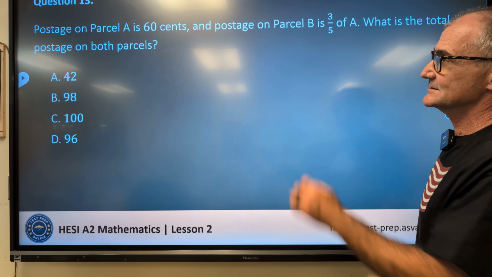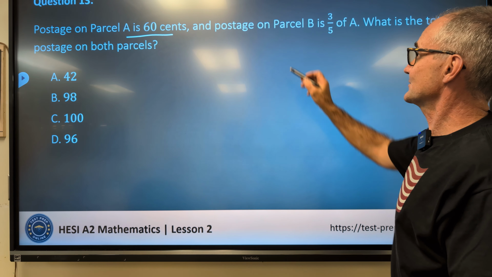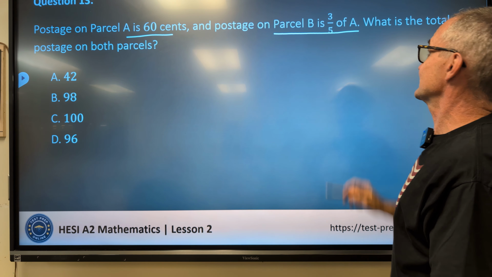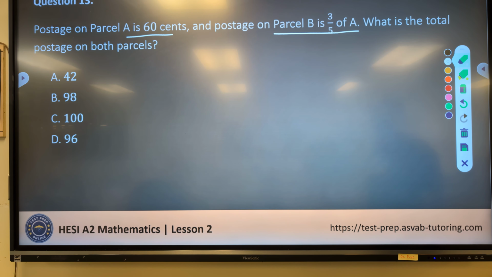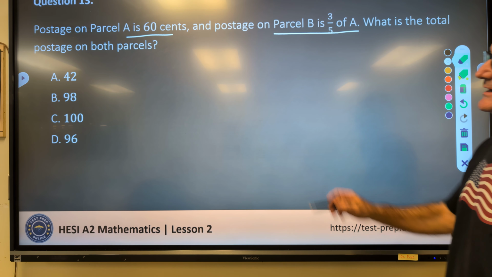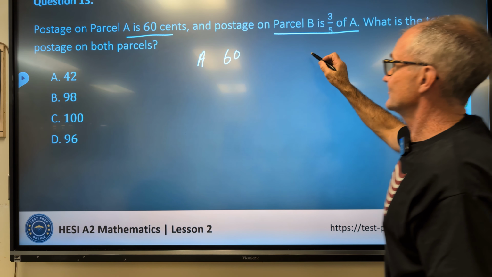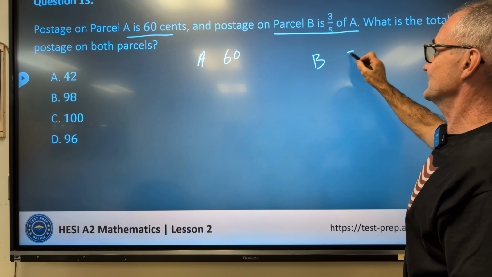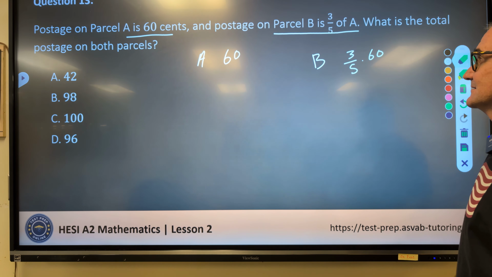Okay, postage on parcel A is 60 cents. Postage on parcel B is 3/5 of A. What is the total postage of both? Well, I know A is 60 cents. B is 3/5 of that 60, right?